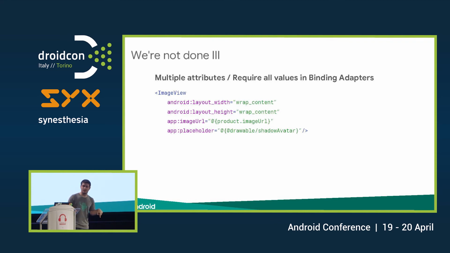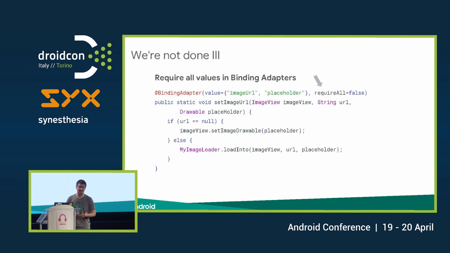You have to wrap it. Otherwise, if you put that drawable there directly, then the system is going to look for a placeholder attribute in the image view and it's going to fail because it doesn't exist. So remember that even if you're just using a primitive or a drawable or something like that, you have to use the wrapping and the add symbol.